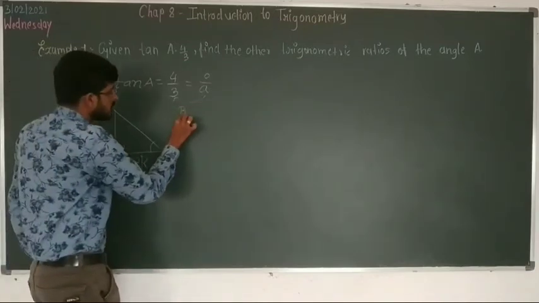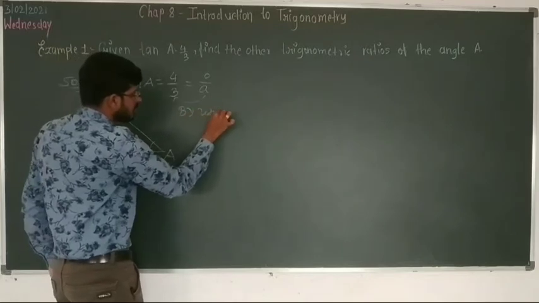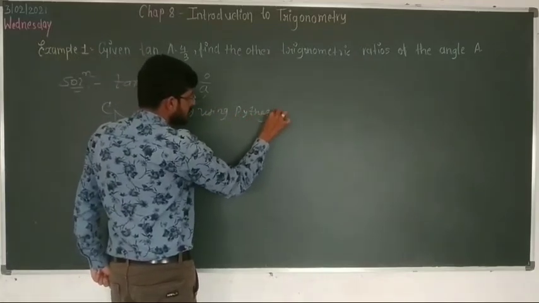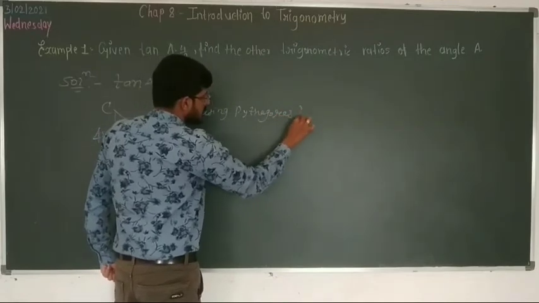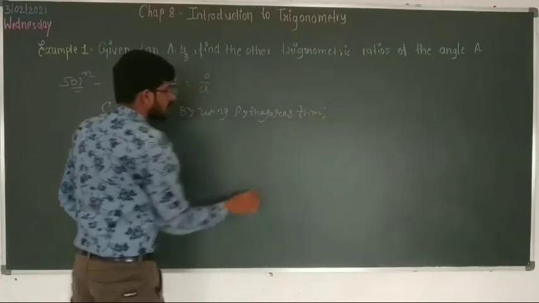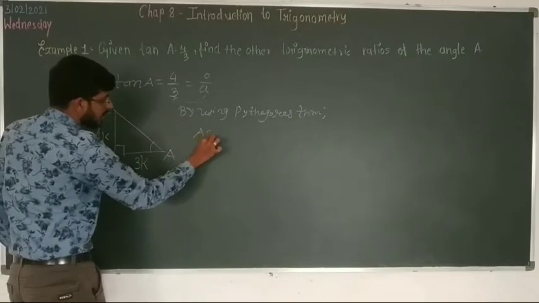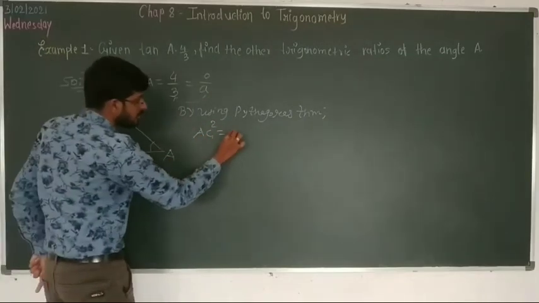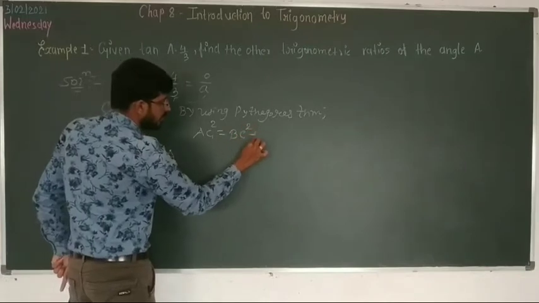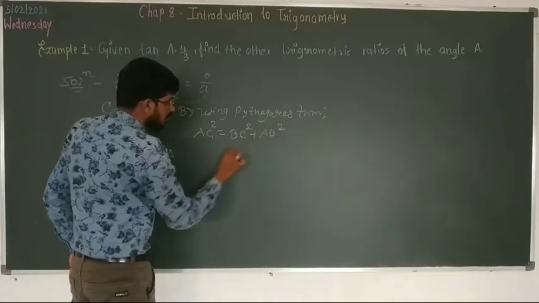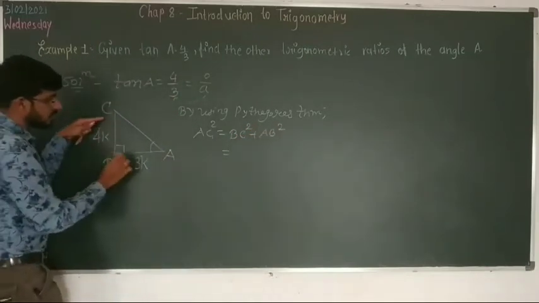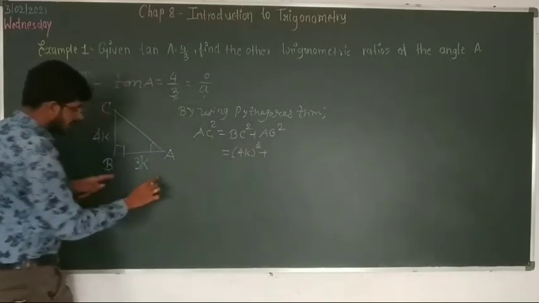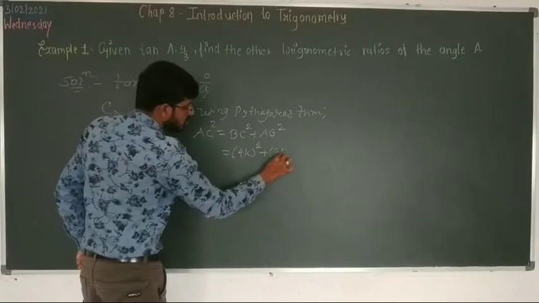By using the Pythagoras theorem, we can write AC square is equal to BC square plus AB square. The value of BC is 4K, so 4K square plus AB is 3K, 3K square.